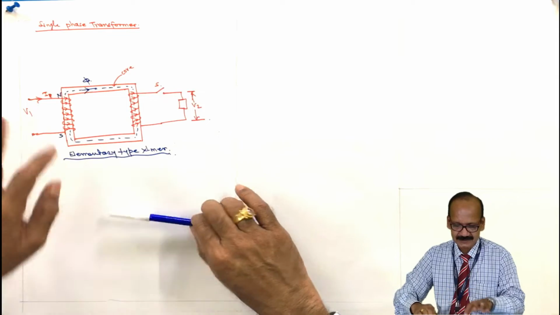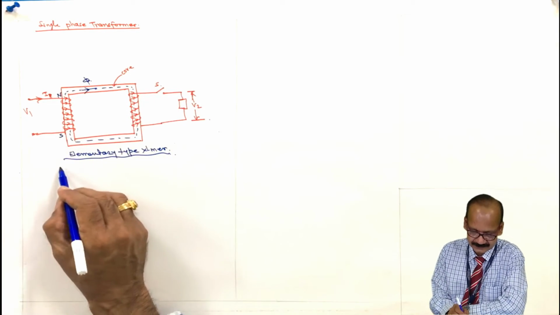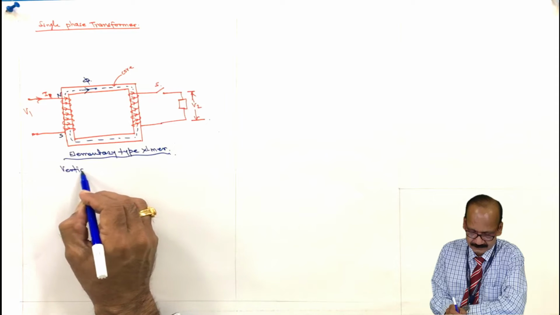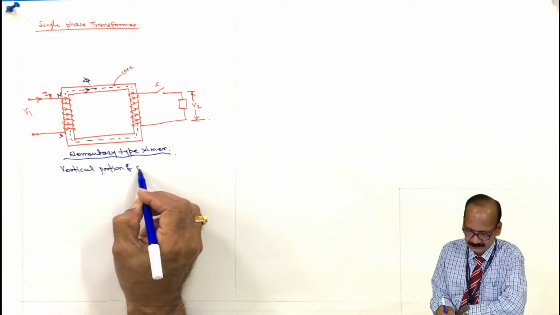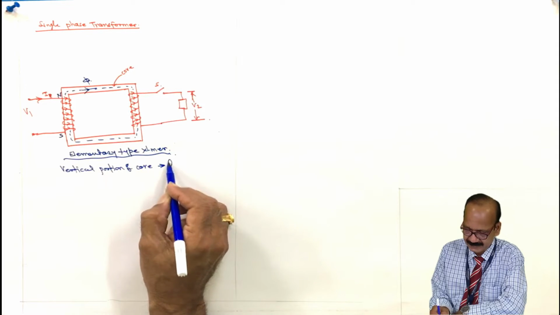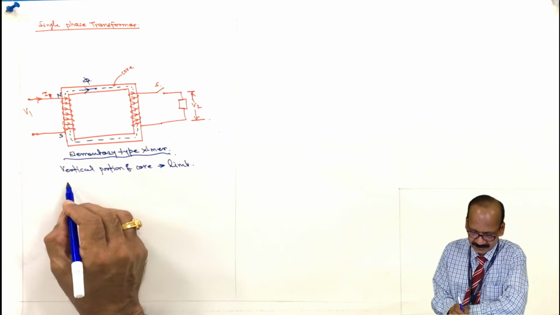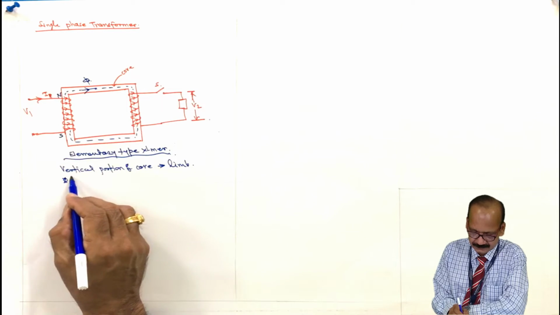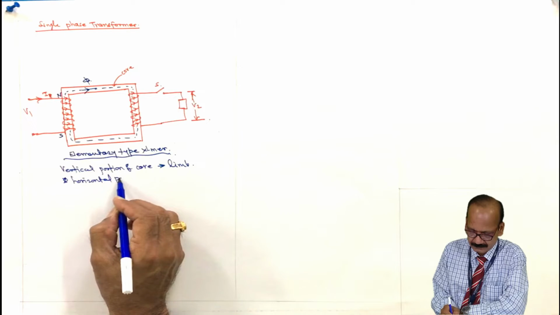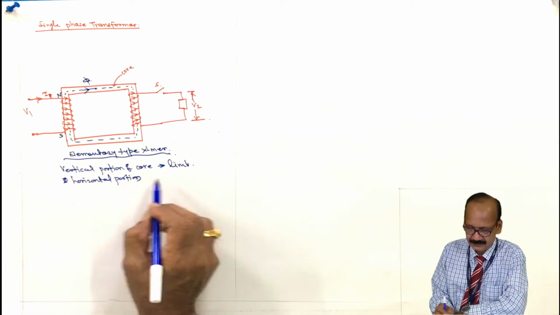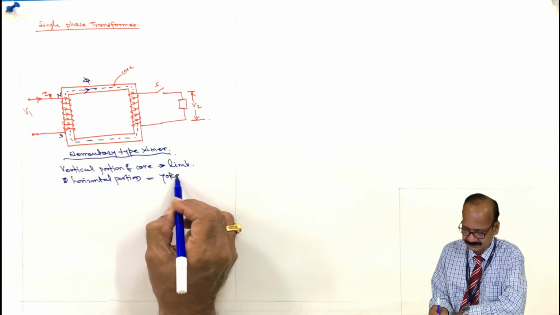Now here, this is the core. The vertical portion of the core is known as limb. And the horizontal portions, top and bottom, are known as yoke.